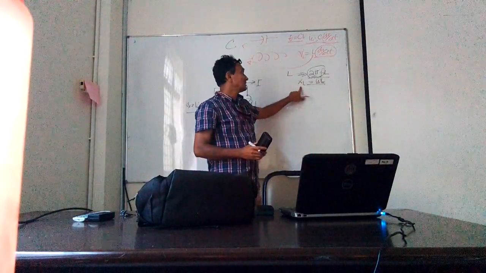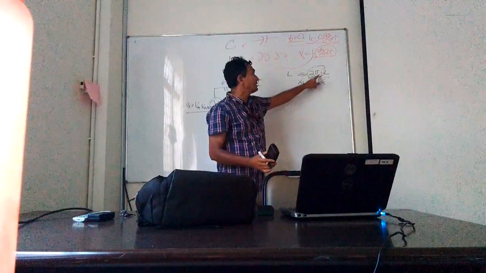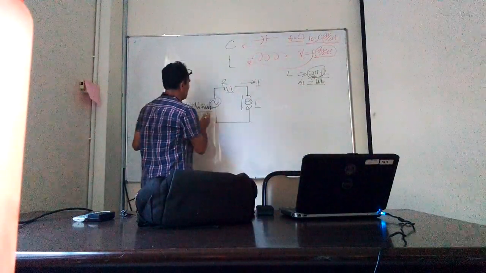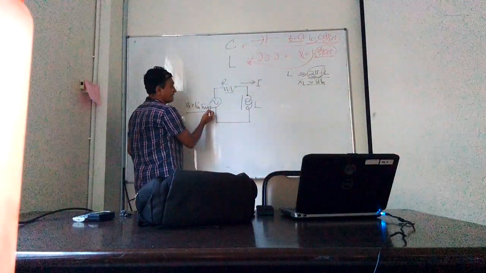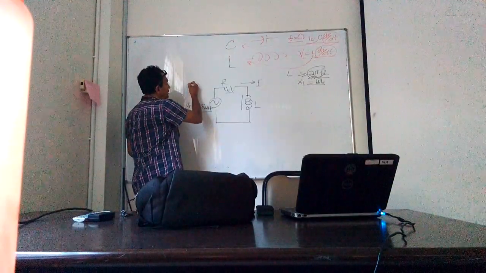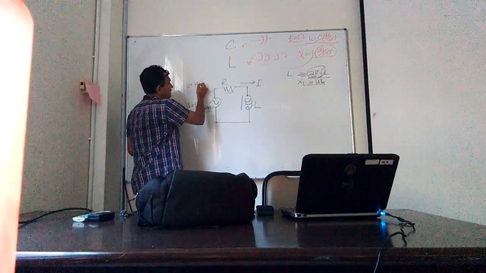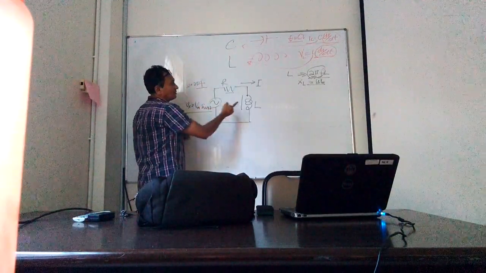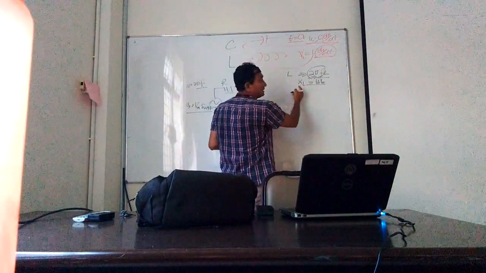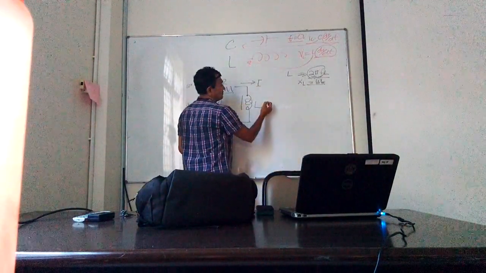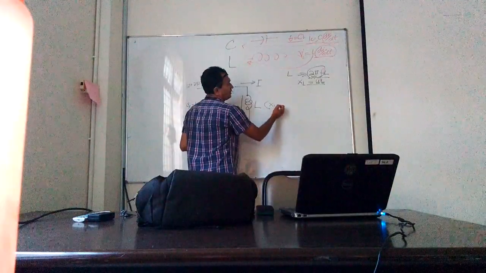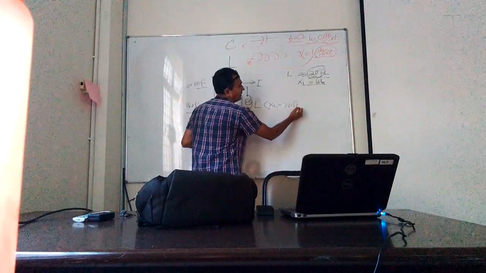The inductive reactance is actually determined by the frequency of the signal, because here omega is the supply omega. Omega means 2 pi f, so frequency is involved. So the reactance of the inductance should be XL equal to 2 pi FL.